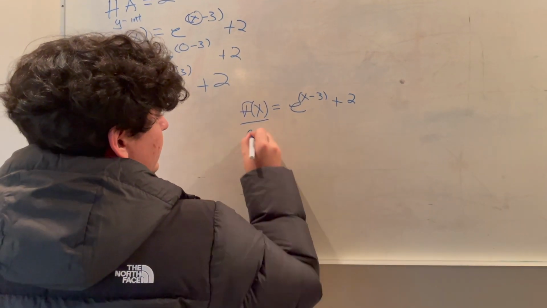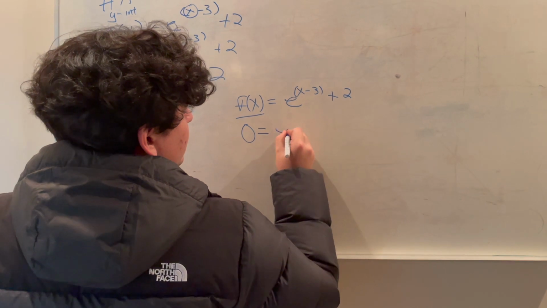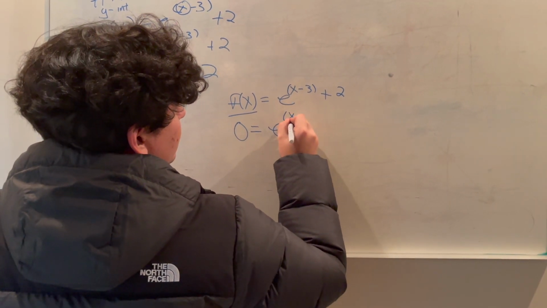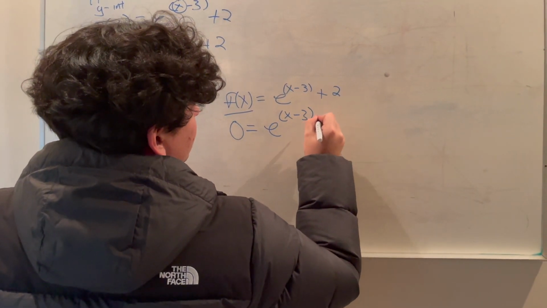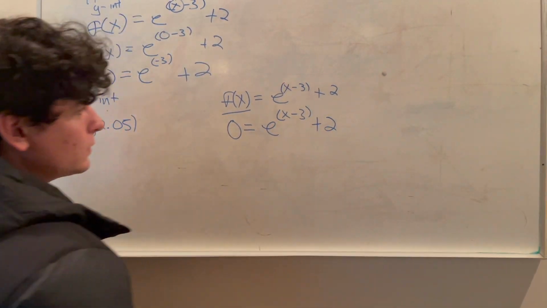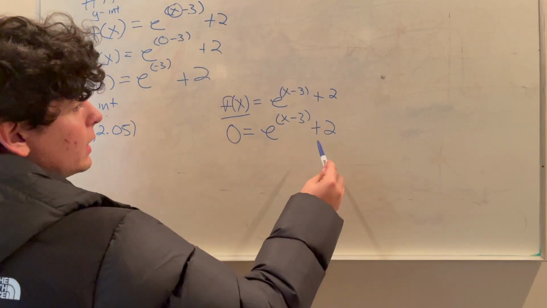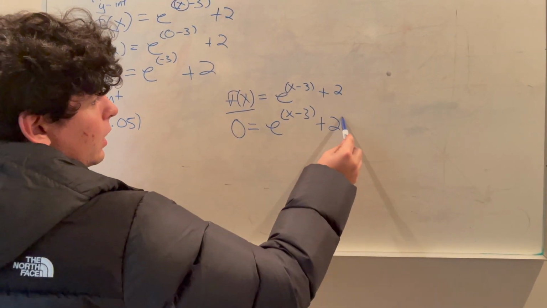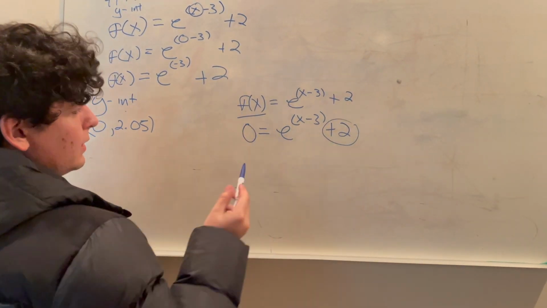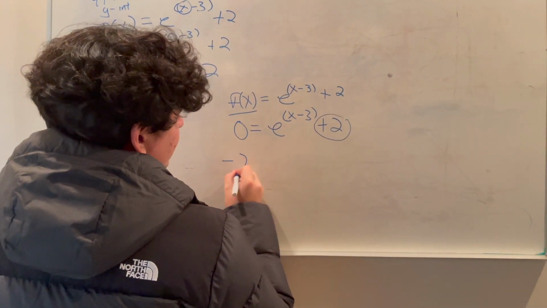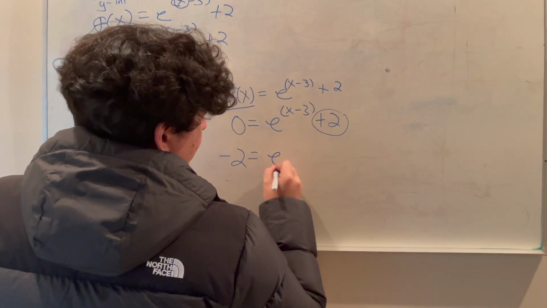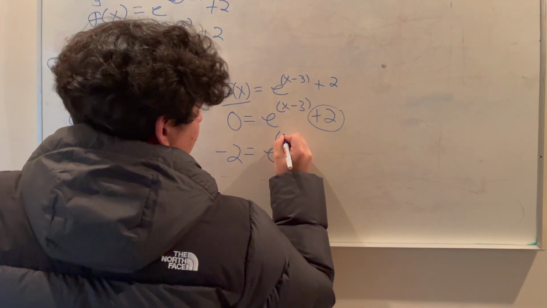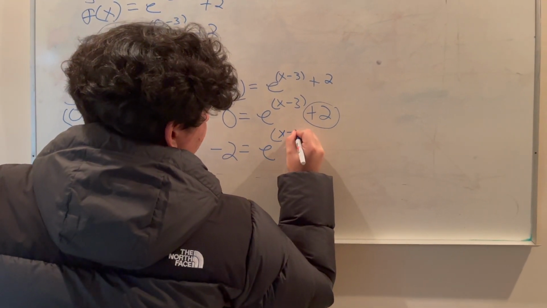So it's going to be 0 equals e to the x minus 3, plus 2. So now we're going to be moving our 2 to the other side, so we change the sign and leave the e with the x minus 3 value.